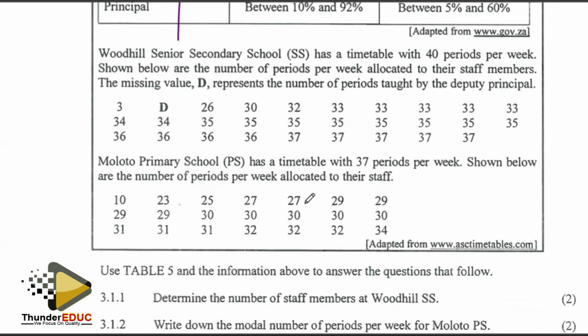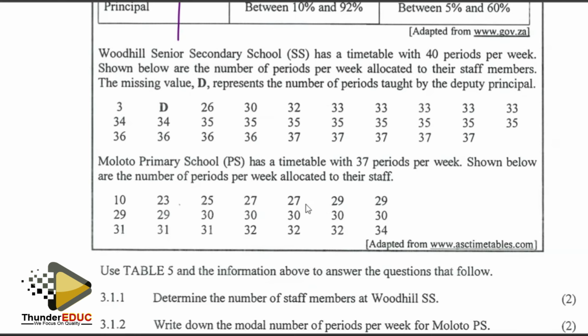So here we go. Woodhill Senior Secondary School has a timetable with 40 periods a week. Shown below are the number of periods per week allocated to their staff members. The missing value D represents the number of periods taught by the deputy principal.